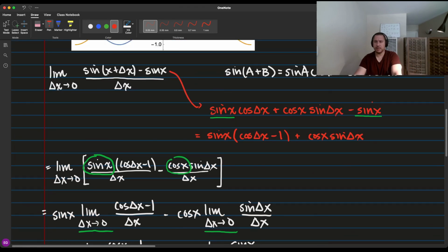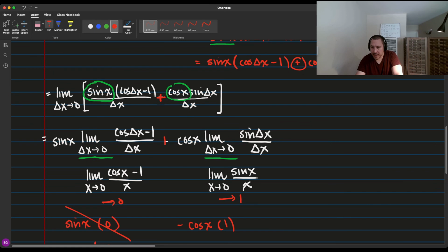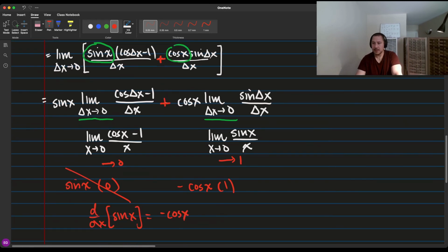That should be a plus. Oh, yeah. This is a plus. So that's a plus. That's a plus. So you get plus cosine. There we go. Sorry, I had an extra negative somehow.